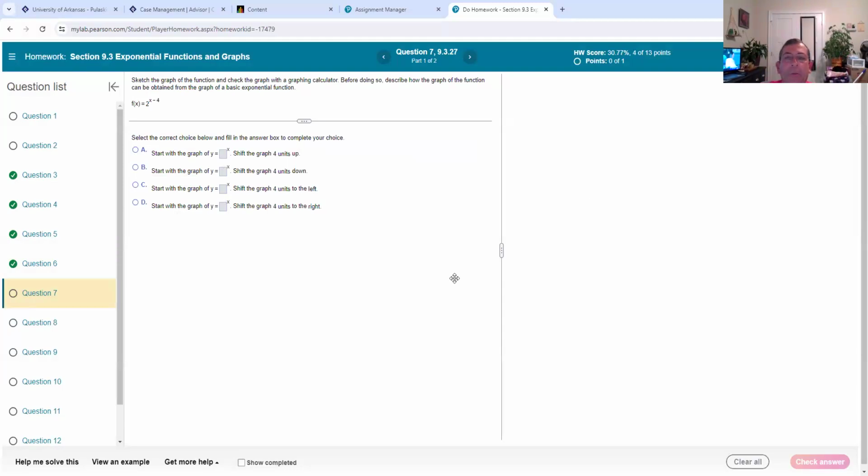All right, so let's go learn about transformations before we play with these ones. Now, way back on test 2, when we did section 7.2, remember we moved the graphs up and down, we moved graphs left and right, and we even reflected over the x-axis.